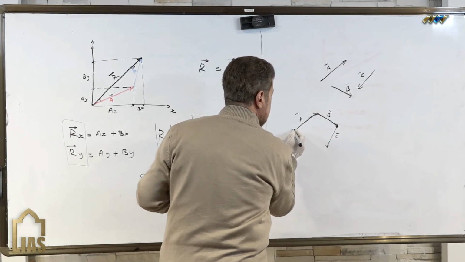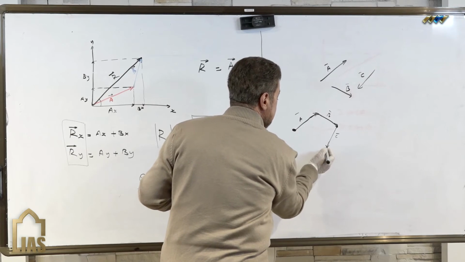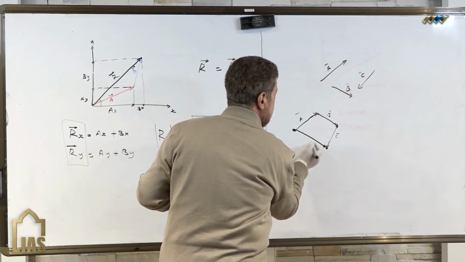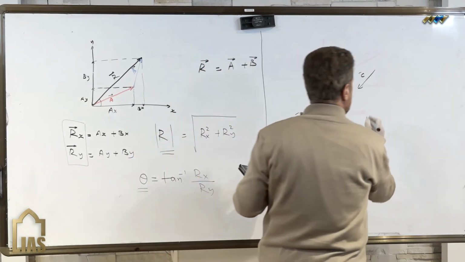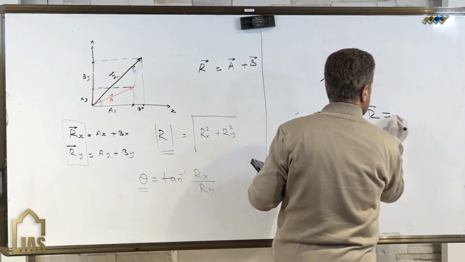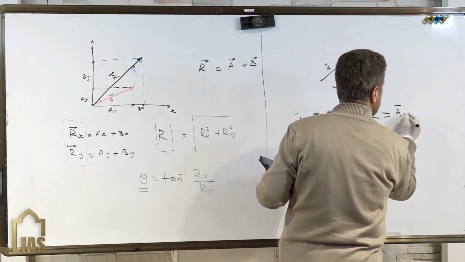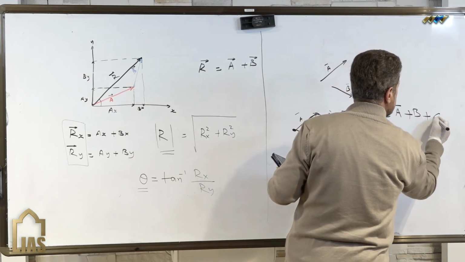This is the starting point, this is the end point, and here we have the resultant. The same thing: R is equal to A plus B plus C.